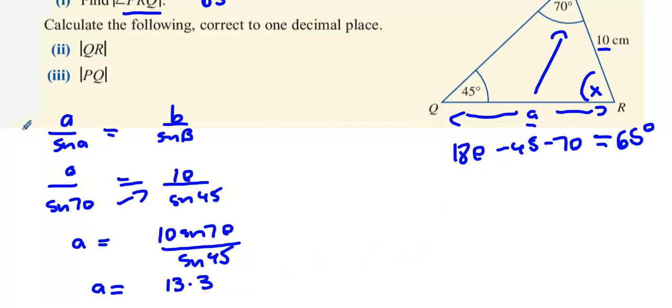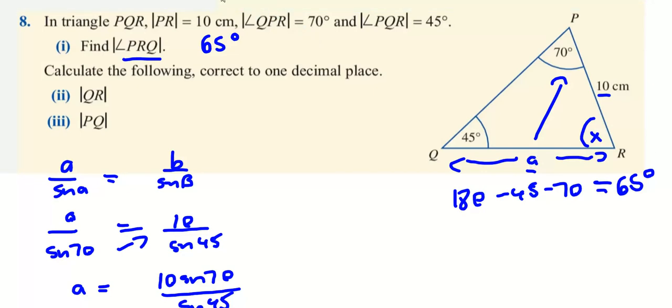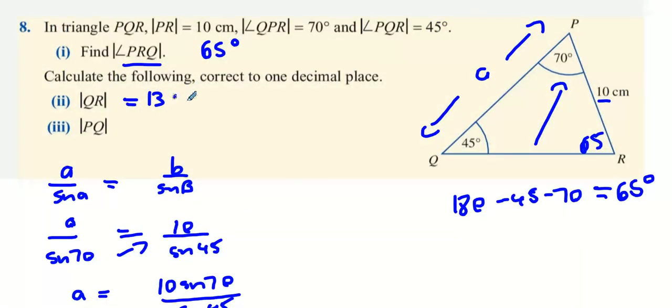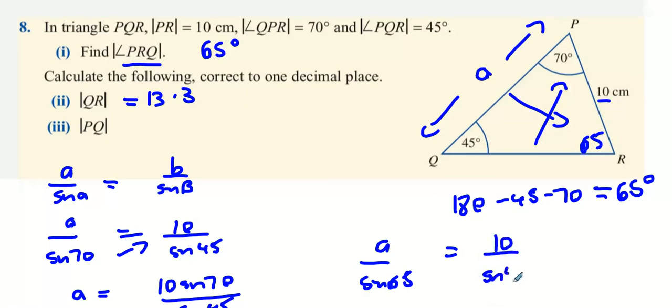Now, for the next question, we'll no longer call Q to R A. We know X is 65 now. We'll call Q to P A. So our first answer is 13.3 for QR. Now we're after P to Q, which is A. So it's going to be A divided by sine 65, using the sine rule, equals B, which is 10 over sine 45.